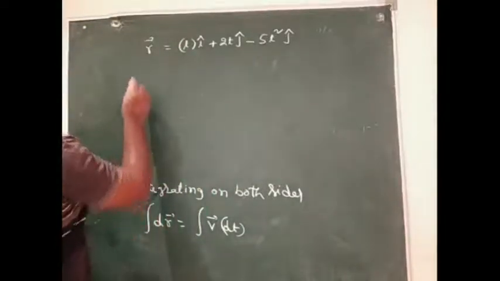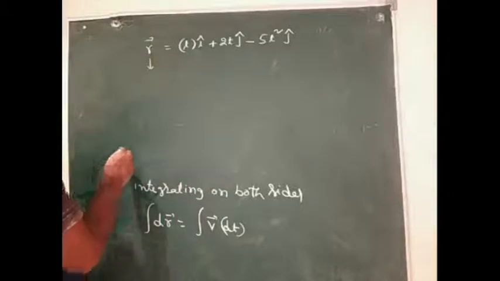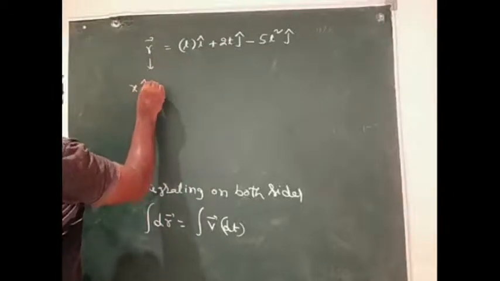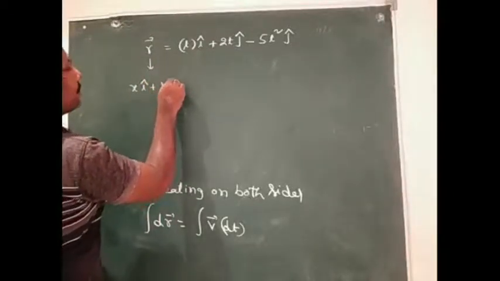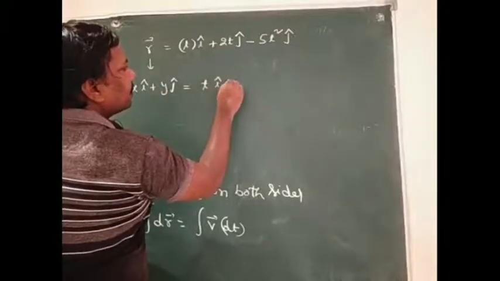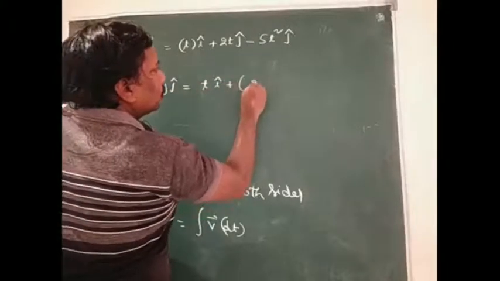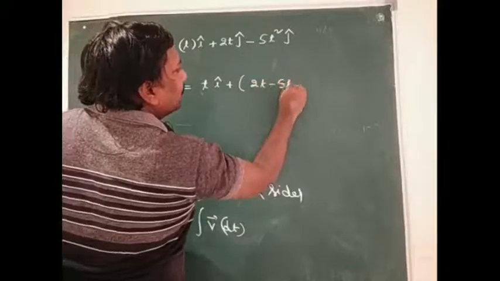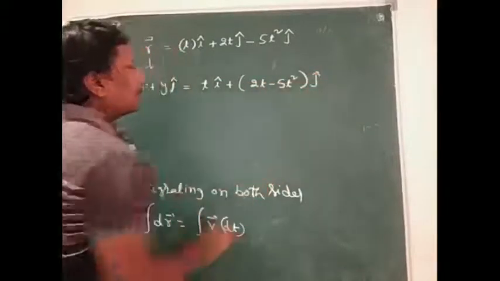Here r bar is treated as x i cap plus y j cap, equal to t i cap plus (2t minus 5t square) into j cap.